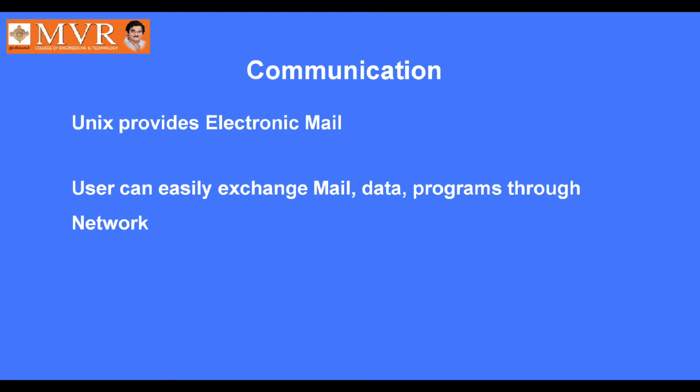The only thing you need to know is the username or the login ID of that person. If you know the login ID, you can directly send a mail. The user can easily exchange mail, data, and programs through the network. You need not have any internet facility. This is again a wonderful and very powerful feature of Unix.